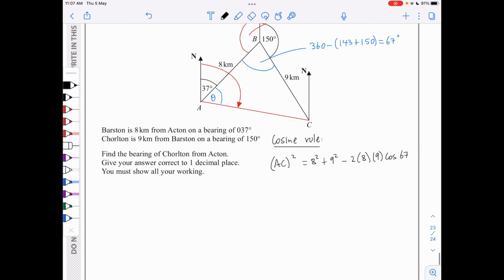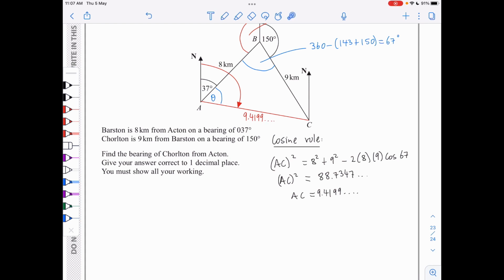I will plug everything into the calculator. I get that AC squared is 88.7347... I take the square root of that and I get 9.4199. I don't plan on rounding this answer. It's not a final answer, it's an intermediate answer. So I'm just going to keep full accuracy for AC. So we know that AC is 9.4199.